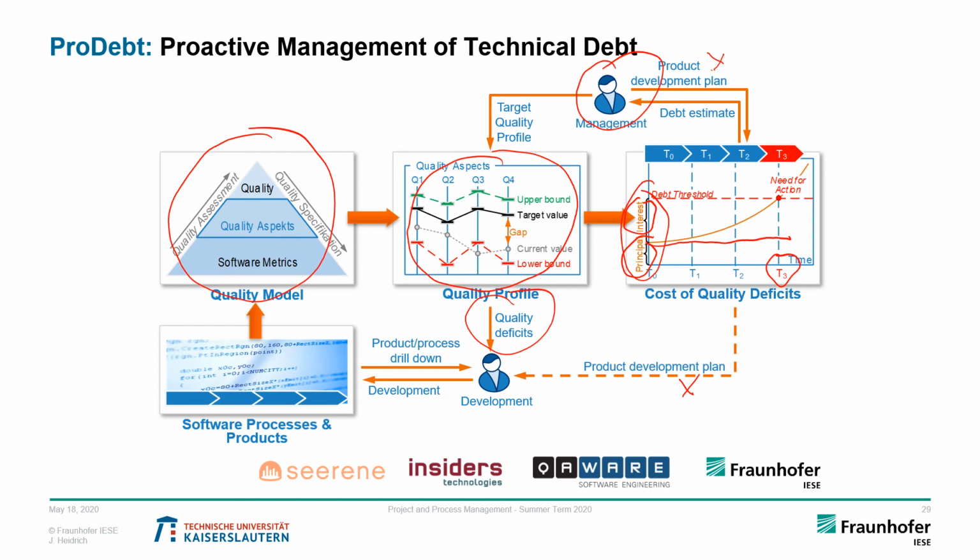And of course, we also want to improve our model, so therefore we have an improvement cycle here based on the actions that were taken. We probably find that some kinds of quality deficits are still missing in our quality model, and we have to add them appropriately.